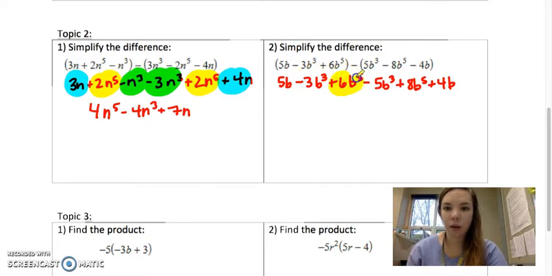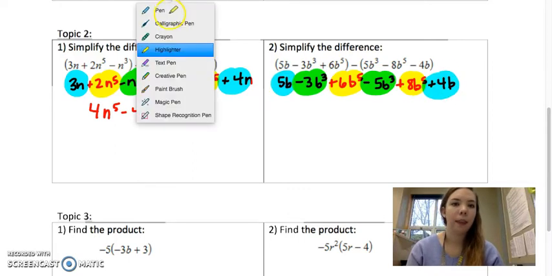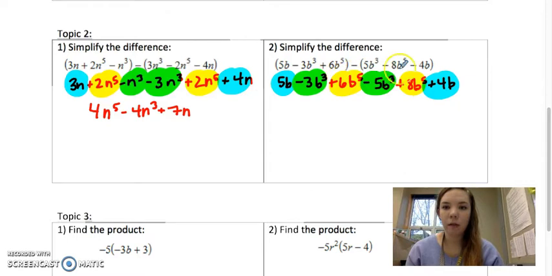So 6b to the fifth and 8b to the fifth, negative 3b cubed and negative 5b cubed, and then 5b and 4b. So 6b to the fifth plus 8b to the fifth is 14b to the fifth. Negative 3b cubed and negative 5b cubed is negative 8b cubed. And 5b plus 4b is 9b.